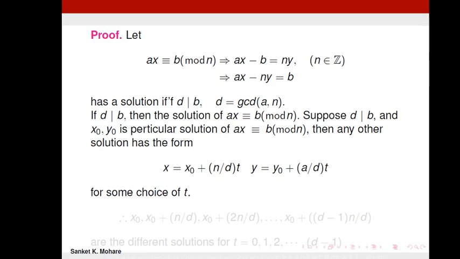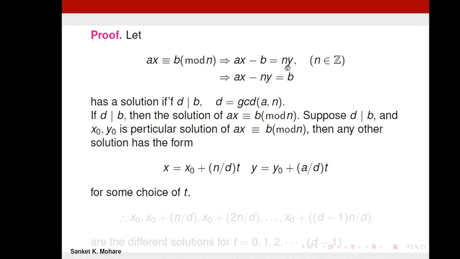So let's have a proof. Let ax ≡ b (mod n). This implies ax − b = ny, where y is some integer. This implies ax − ny = b. By the definition of congruence, ax − b = ny.